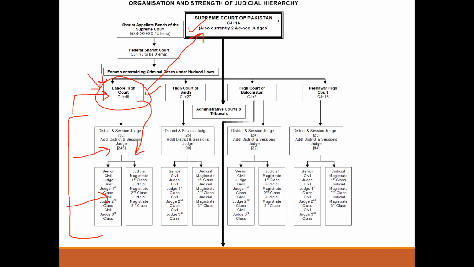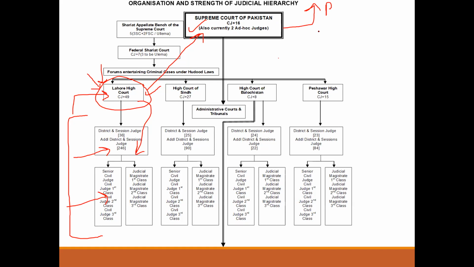Now, there's one option that is left, which is the appeal for mercy, and that can be filed to the President of Pakistan. Now, this appeal, which we file to the President of Pakistan, is not to review the decision of the Supreme Court, but this is to ask for mercy.